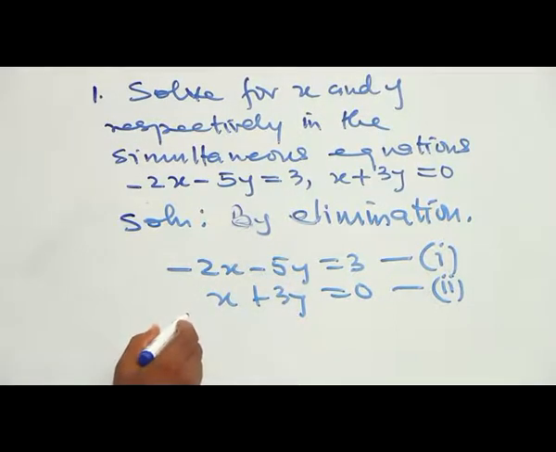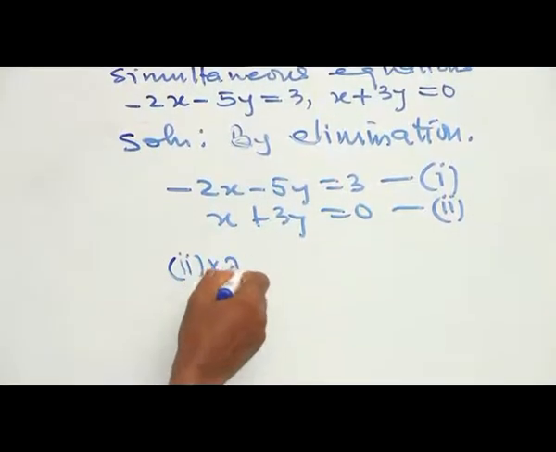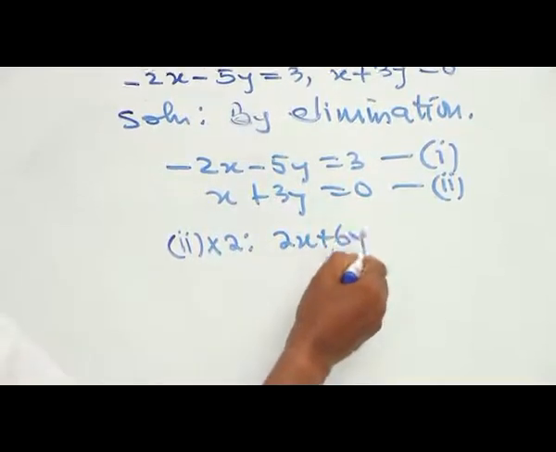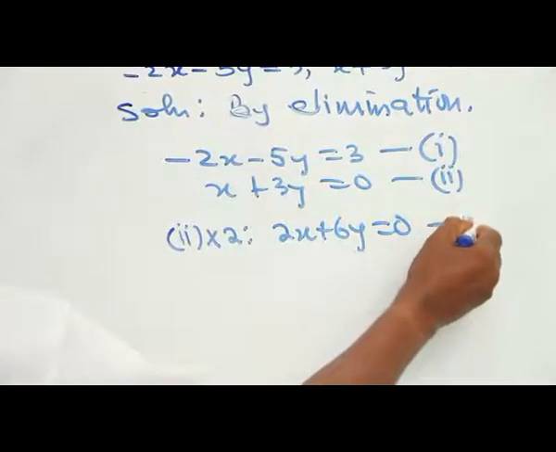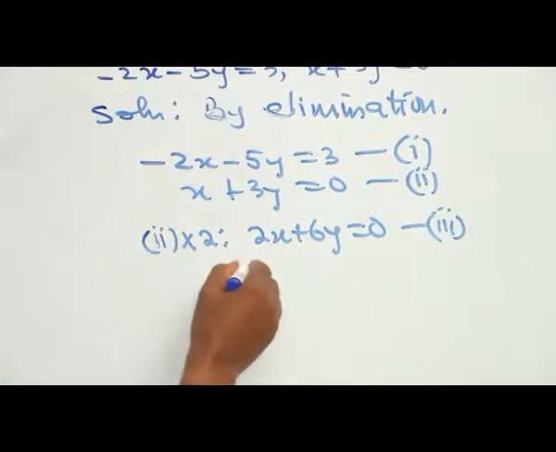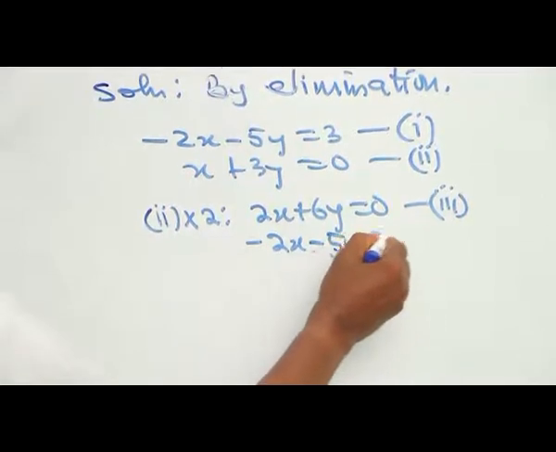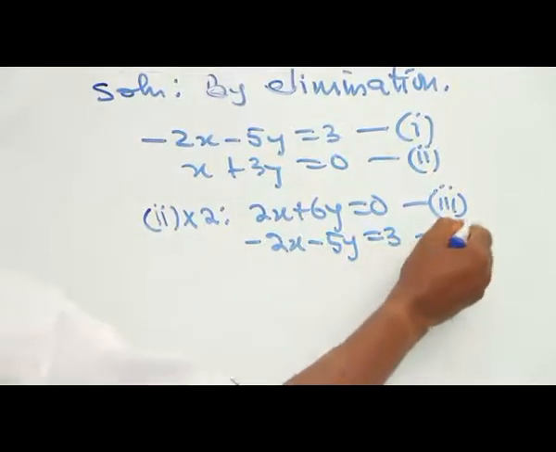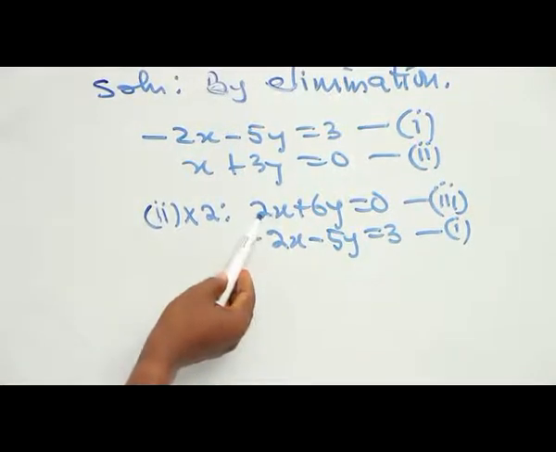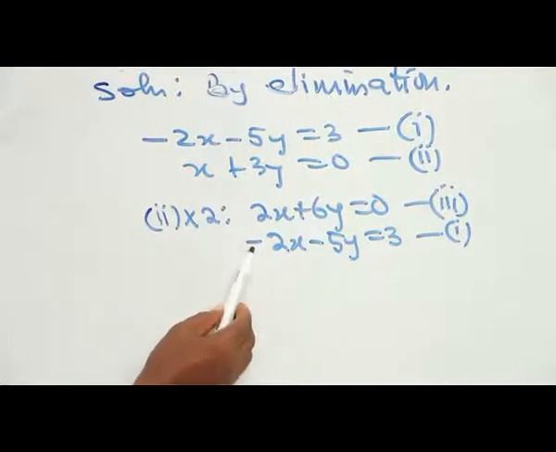In this case, if you now take equation 2 and you multiply it by 2, you will now have 2s plus 6y equal to 0. Call it equation 3. Now bring in your equation 1, which is minus 2s minus 5y equal to 3. You realize here that the coefficient of s here is 2, and the coefficient of s here is 2 as well. But here it is minus 2.